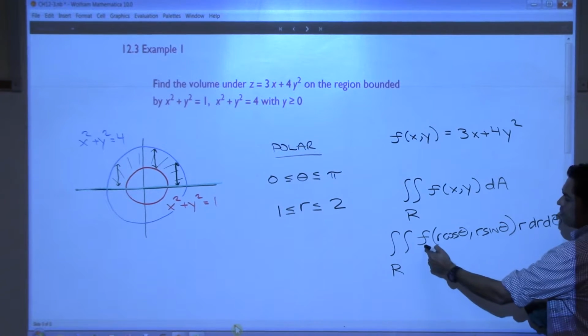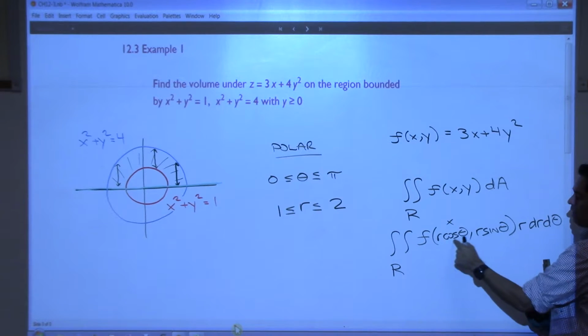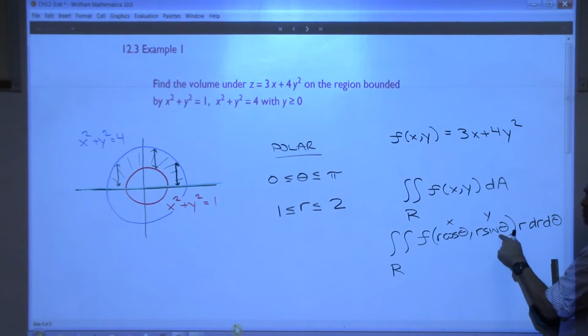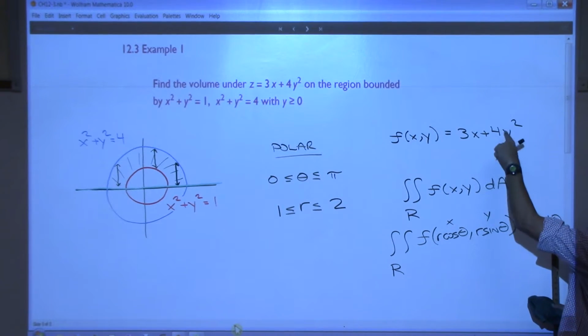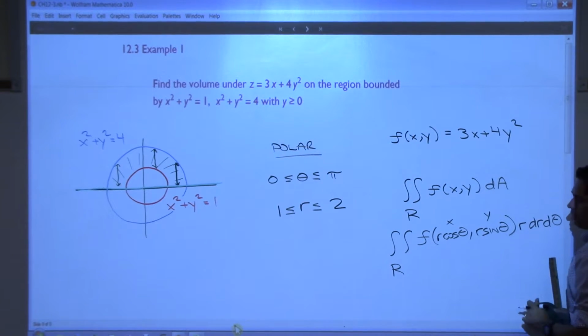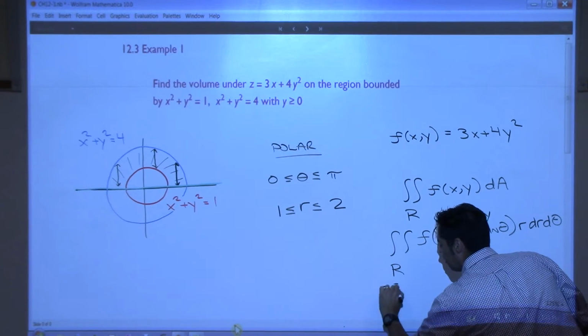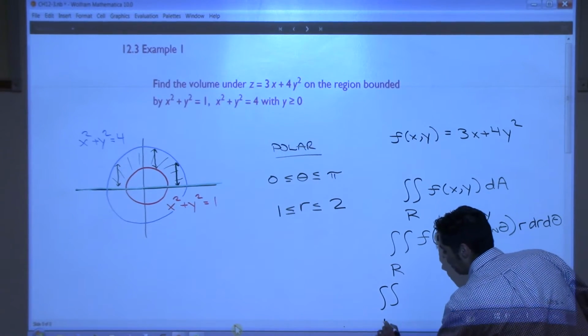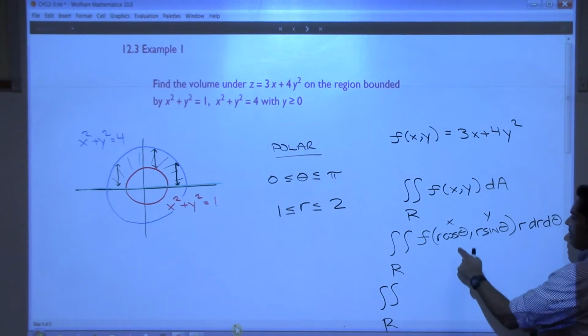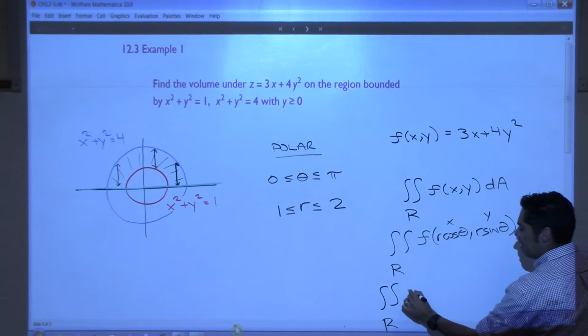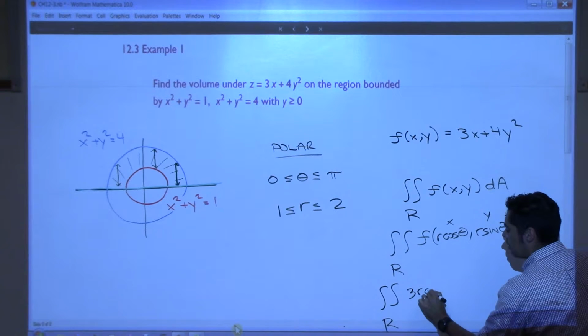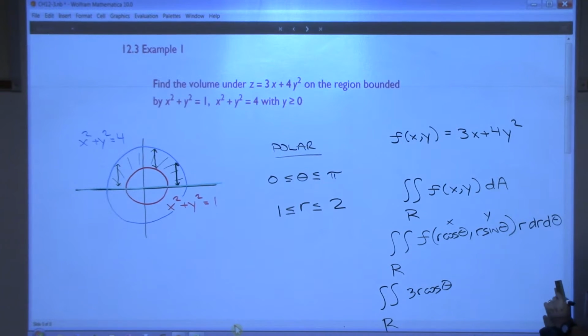Let's replace all x's with r cosine theta. Let's replace all y's with r sine theta. And let's rewrite that right here in the double integral. So it'll be the double integral. I'll leave it as r for now. Let x go in there, so it'll be 3 r cosine theta. Agreed?